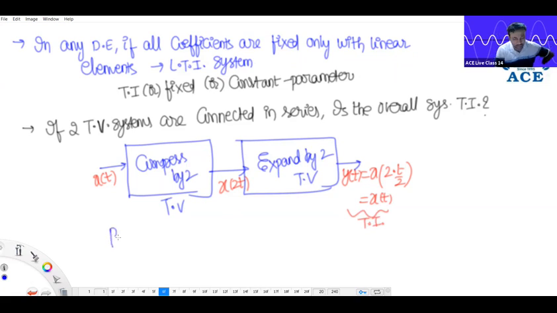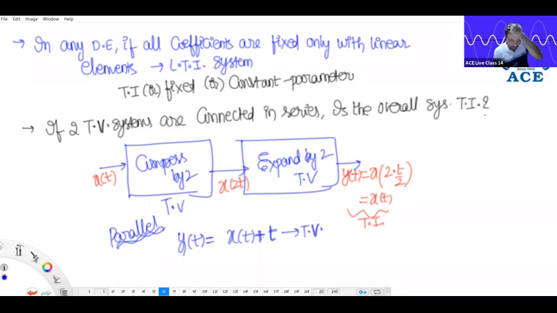Think about the parallel connection in a similar way. Two time variant systems in parallel. Again, maybe. Because if I take one system as x of t plus t, it is not only depending on the input function, but on another signal t.